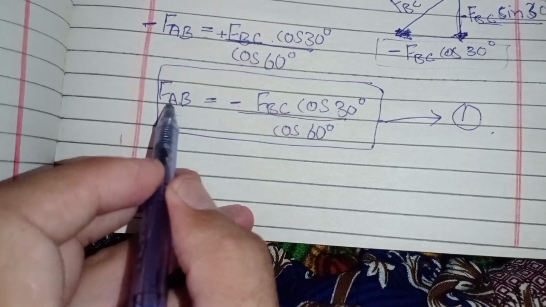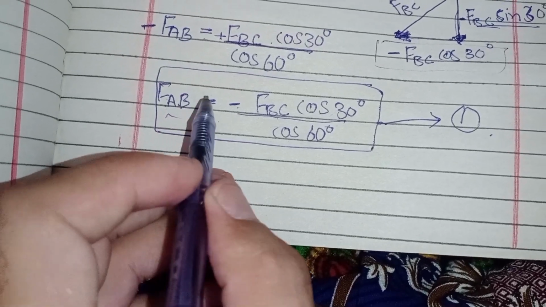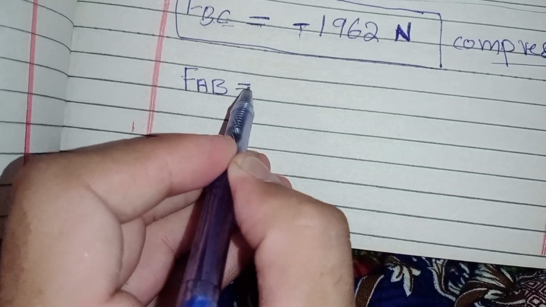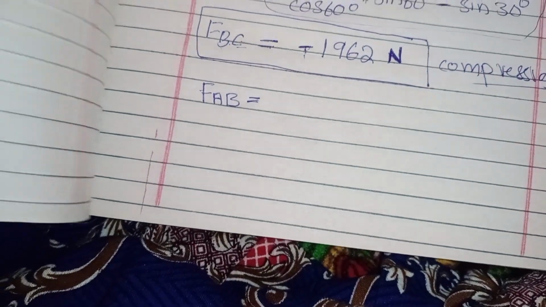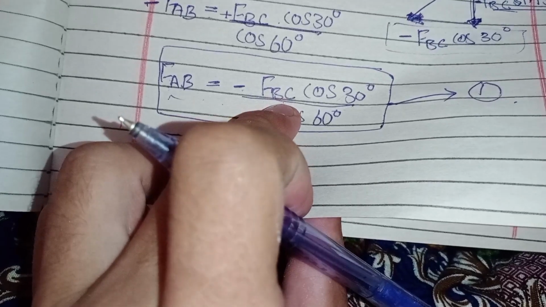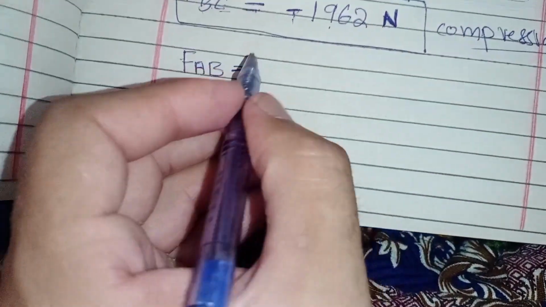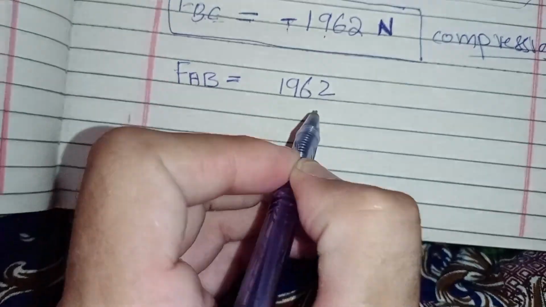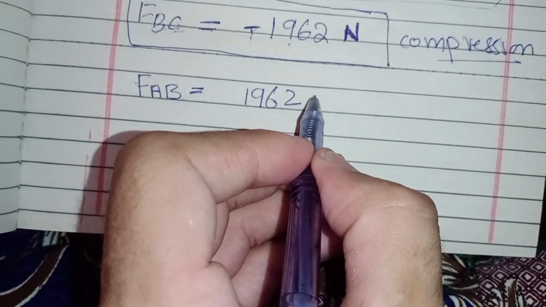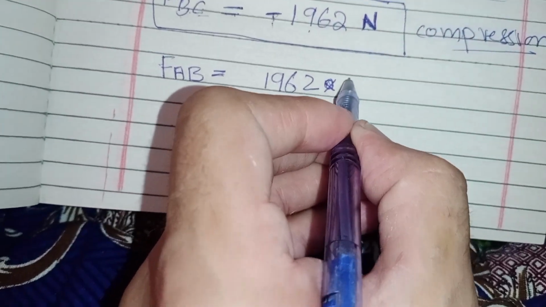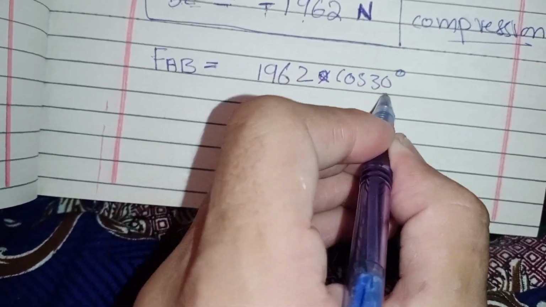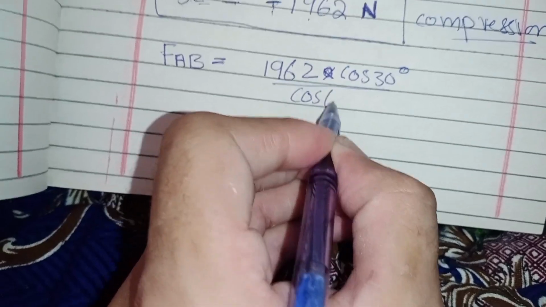We will get the answer for the force in member AB. So F of AB equals, in place of the force in BC, 1962 multiplied by cos 30 divided by cos 60, cos 30 degree by cos 60 degree.